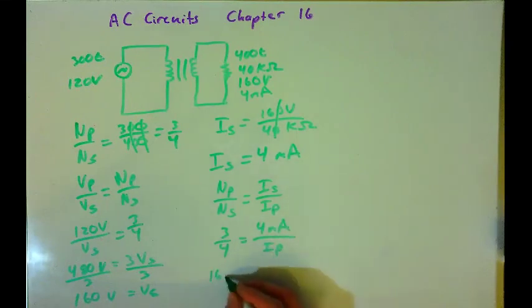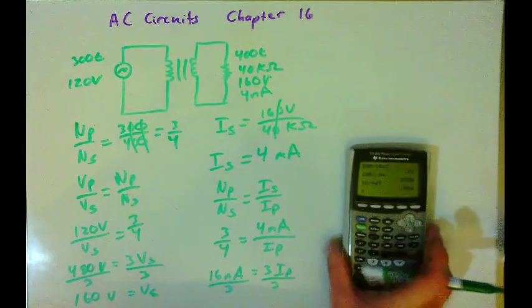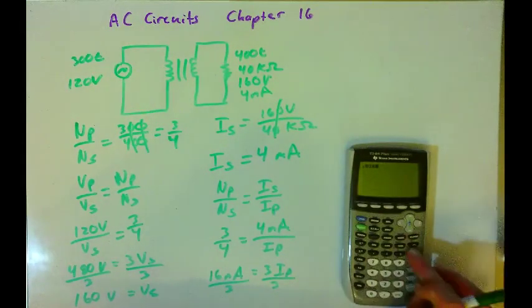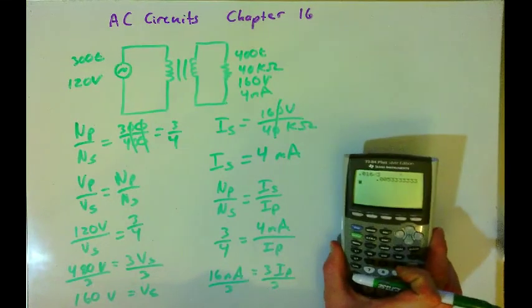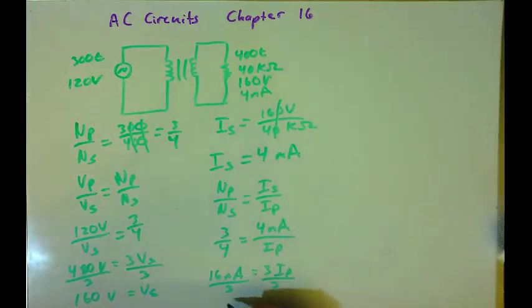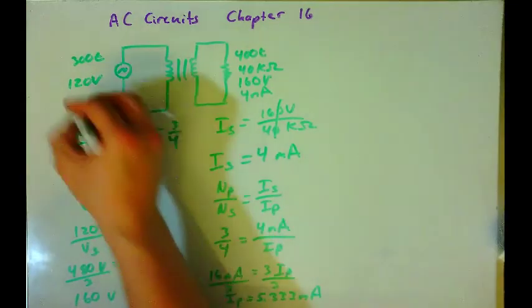We get 16 milliamps is equal to 3 IP. Divide both sides by 3. And we're going to get 5.333, I think. Let's see. We've got 16 milliamps divided by 3, which is 5.333. So the primary current is 5.333 milliamps.